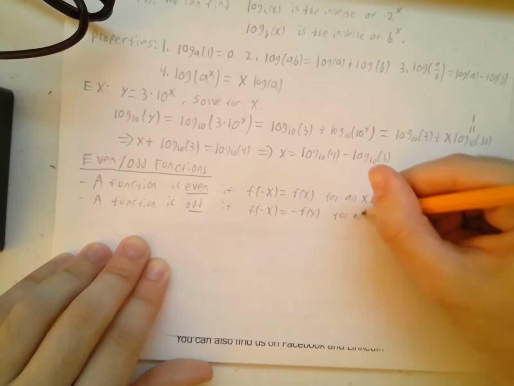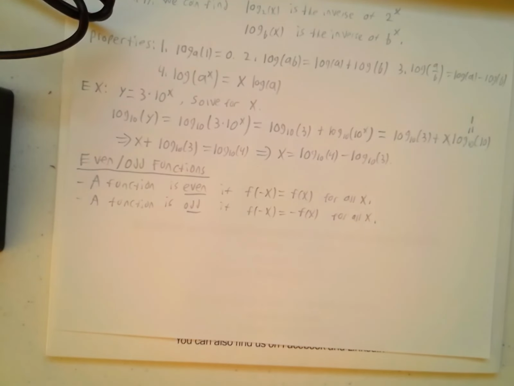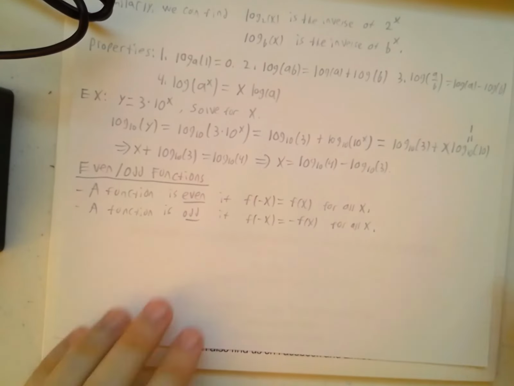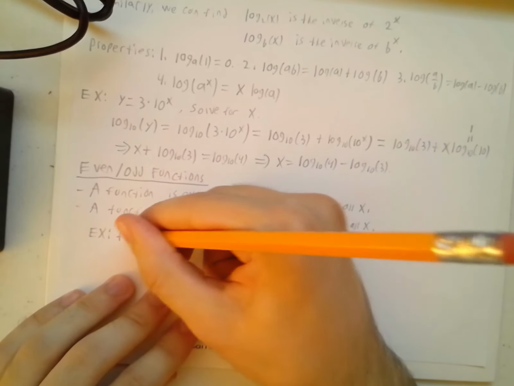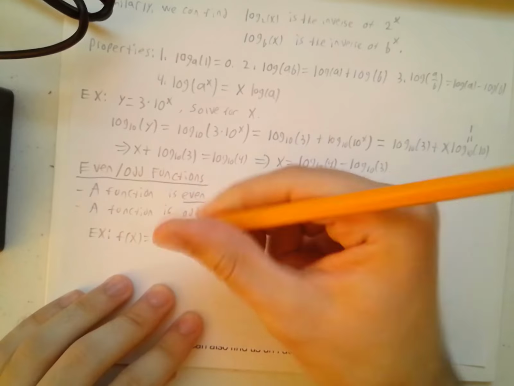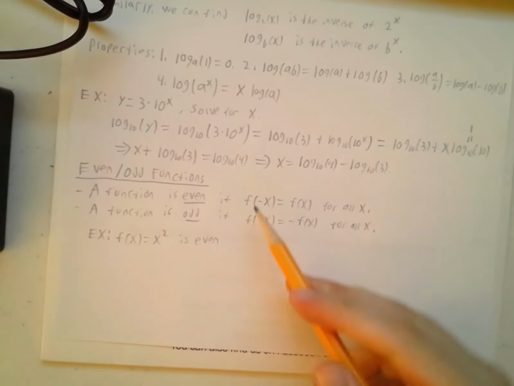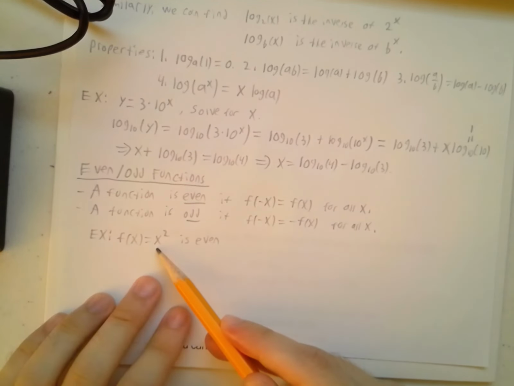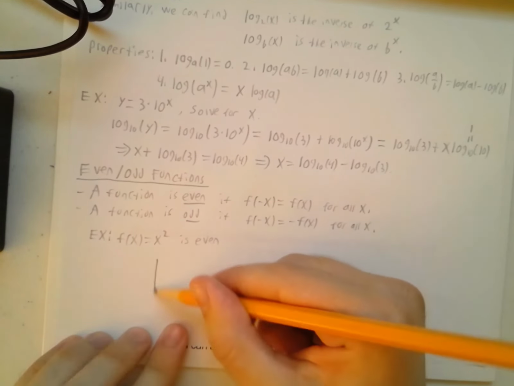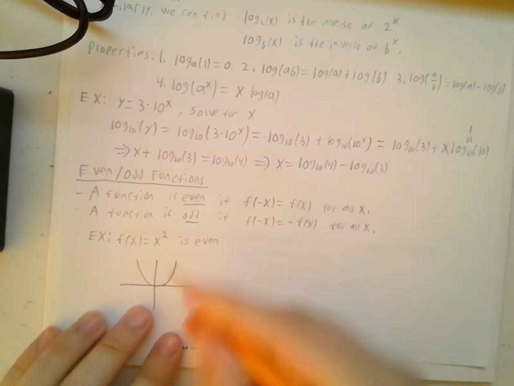So what are some examples? The function f of x equals x squared is even because if you plug in negative x, then when you square the negative, it goes away and you just get back x squared. And if you look at the graph of this, you'll see that it has symmetry if you reflect it across the y-axis, and that's a key property of even functions.